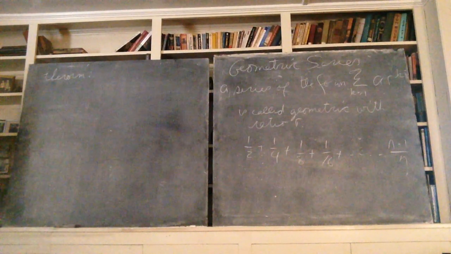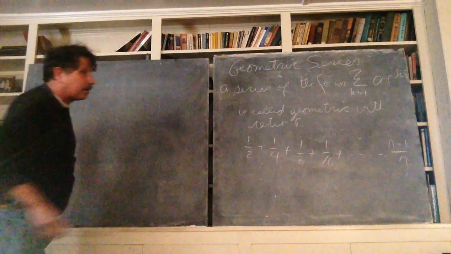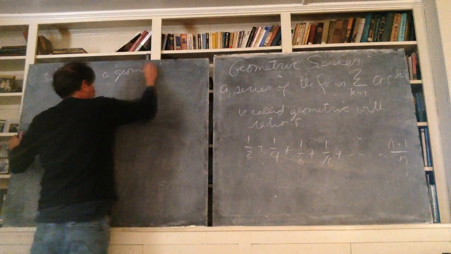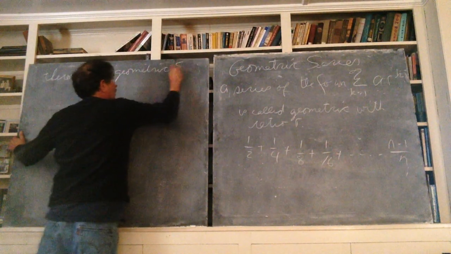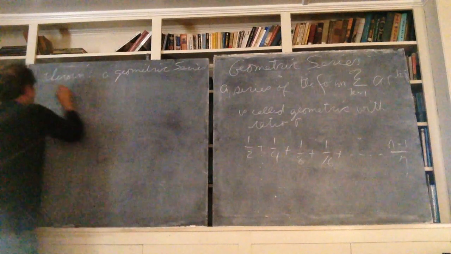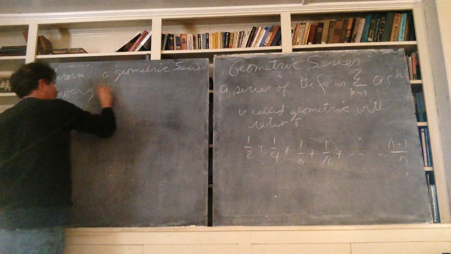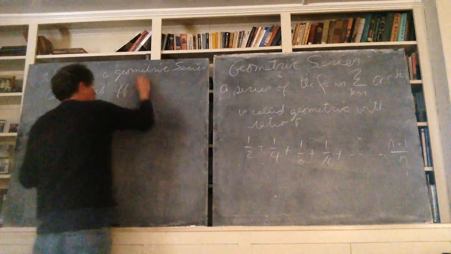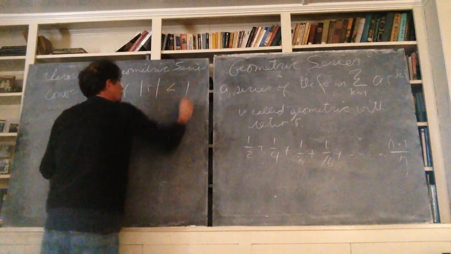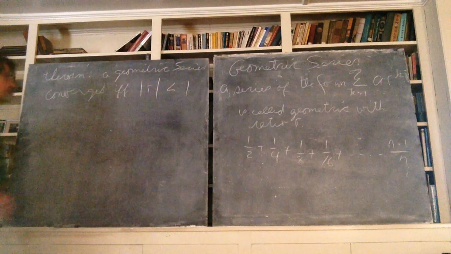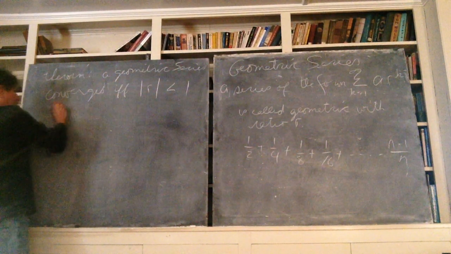A geometric series converges if and only if the absolute value of R is less than 1. If the absolute value of R is greater than or equal to 1, it diverges.